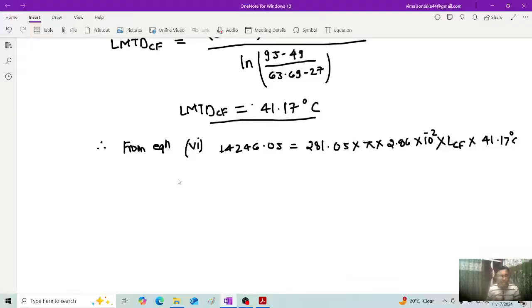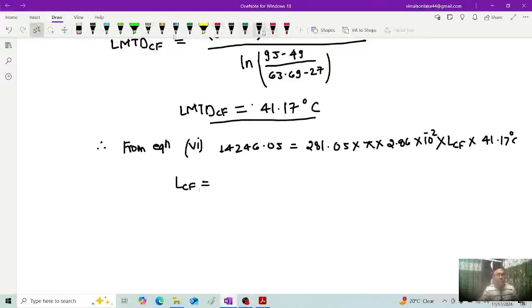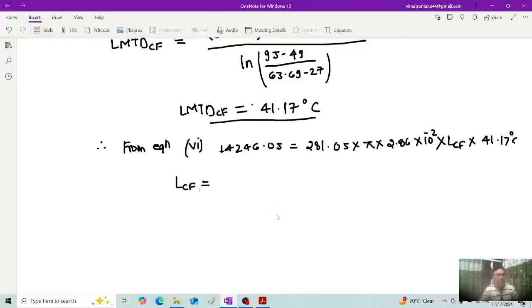So solving this equation will give me the length of heat exchanger in counter flow heat exchanger as, so LCF comes out 15.34 meter.